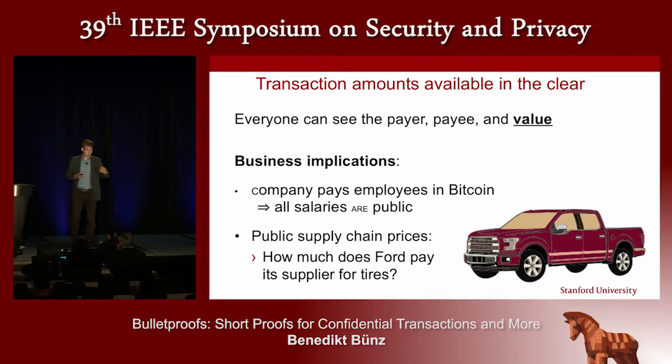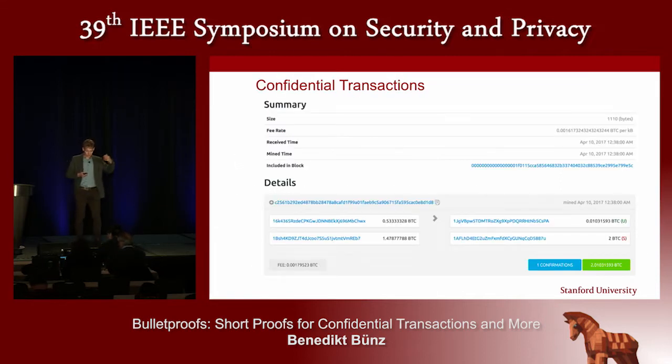Additionally, if I'm a business buying supplies for my company, everybody will be able to see how much I'm paying for these supplies. So if I buy tires as Ford, then everybody will be able to tell how much I am paying for these tires. And these are important business secrets that you would not want to have on a public ledger like a blockchain.